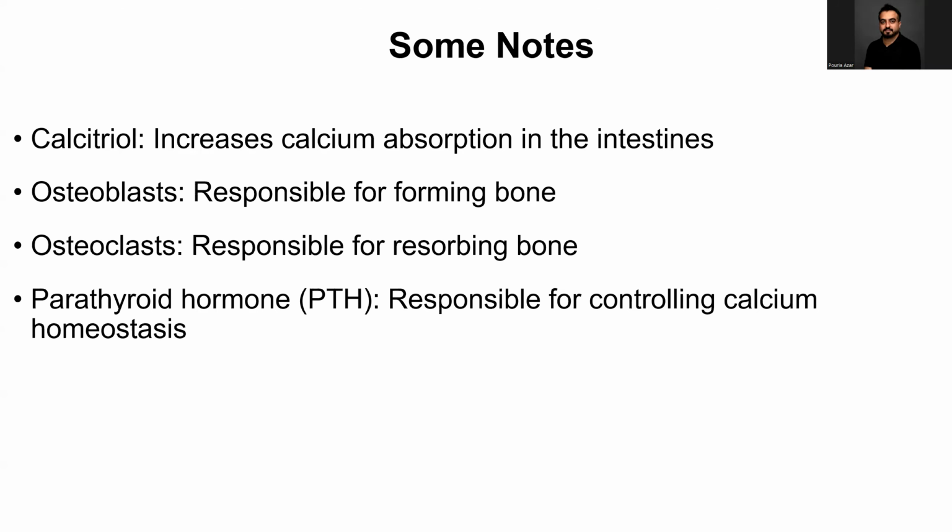And we have a hormone called parathyroid hormone. Parathyroid hormone is released from the parathyroid glands. As you know, there are four tiny glands just behind the thyroid gland, and those four tiny parathyroid glands produce and secrete a hormone called PTH, or parathyroid hormone.